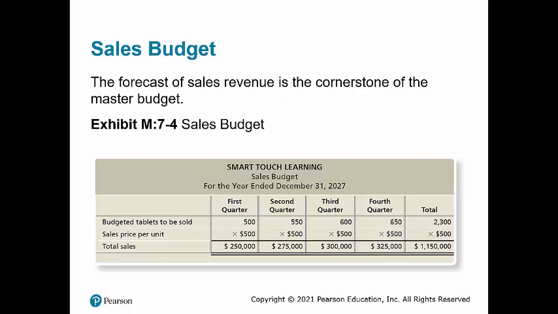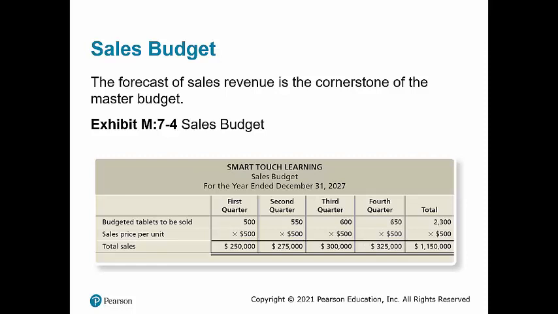So budgeted total sales for each product will be equal to the sales price multiplied by the expected number of units sold. So it would be up to the sales and marketing teams at Smart Touch Learning to project the number of tablet computers that they expect the company to sell in each of the quarters for the next year.